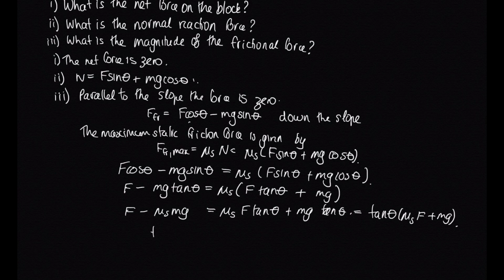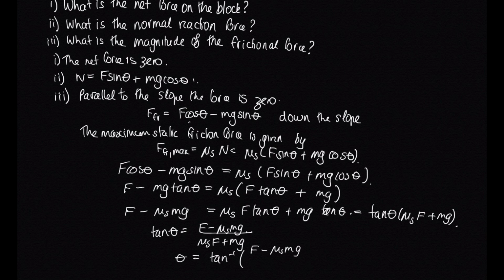And so tan theta is equal to F minus mu s mg over mu s F plus mg. And so theta is equal to the inverse tan of F minus mu s mg over mu s F plus mg. So given a certain F, that will tell us at what angle the block will start to slide.